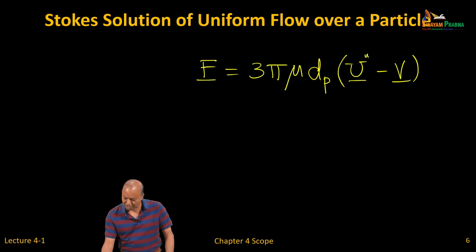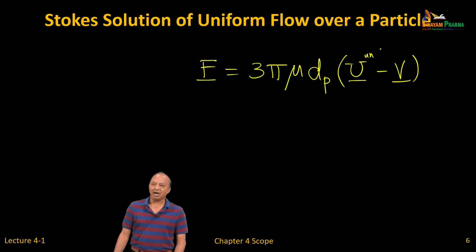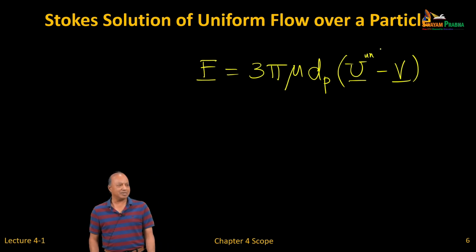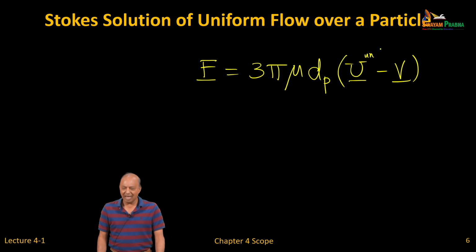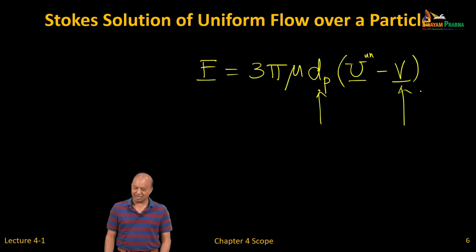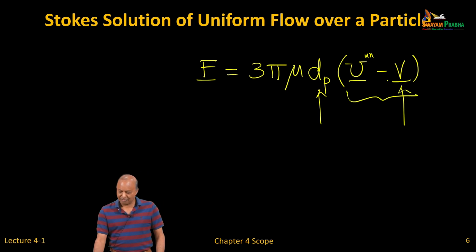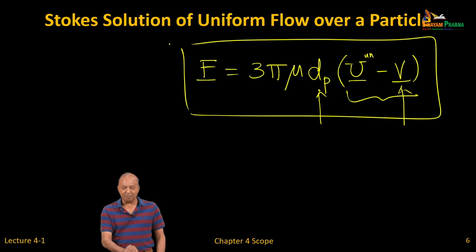I will use different terminology here. What we are talking about is, if I know what the undisturbed flow at the particle is, and I know the particle characteristics like the diameter of the particle and the particle velocity, the relative velocity will give you the force. So this is a model.